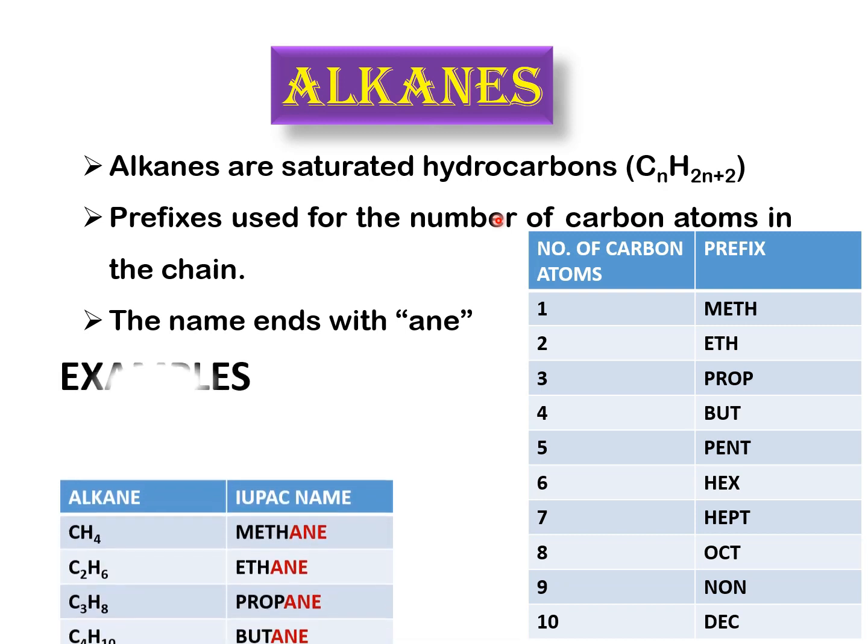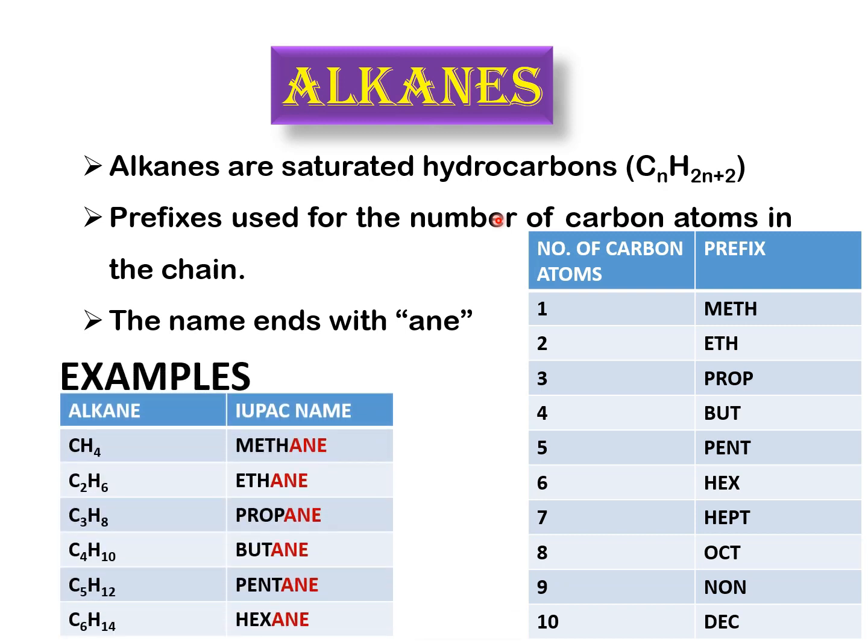So these are some of the names of very simple alkanes. If you have one carbon atom in a structure, obviously it will have four hydrogens attached to it. So for one carbon we use the prefix meth and the name ends with ANE, so the name is methane. For two carbons, six hydrogens are there.